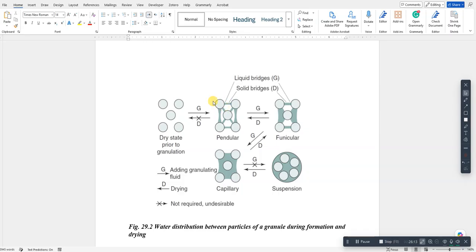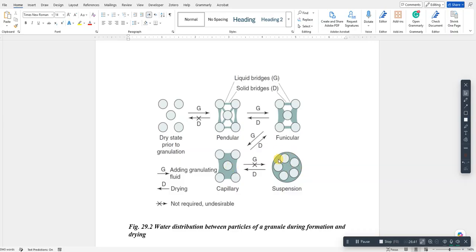And when there is a small quantity of liquid, initially you have what we call the pendular state, and you have the liquid bridges here. And when the spaces and pores become less between the particles, you have what we call the funicular state. And the more liquid you add, you have the capillary state.